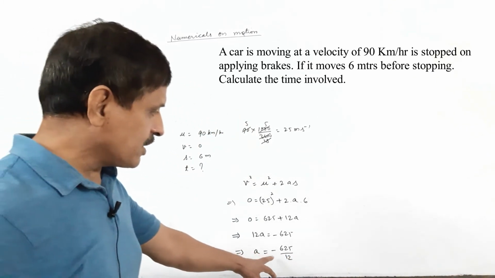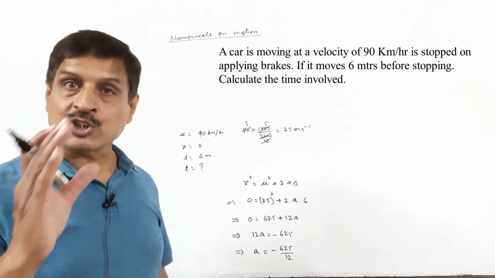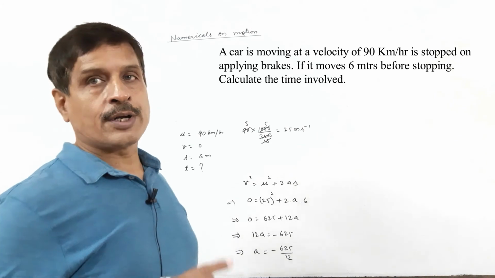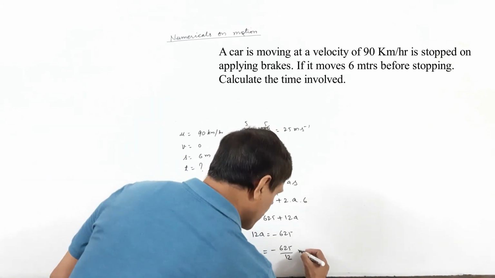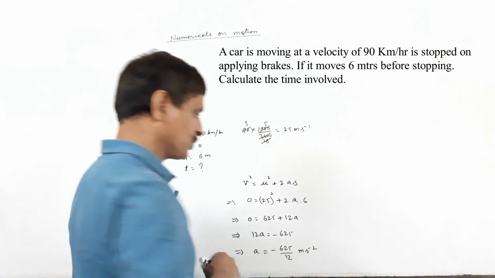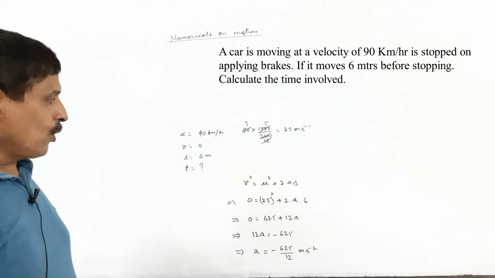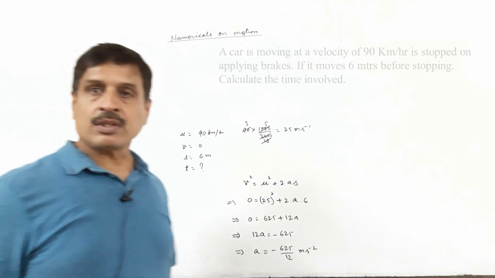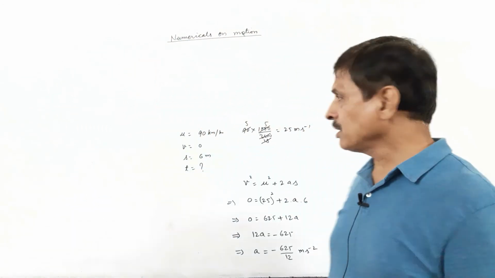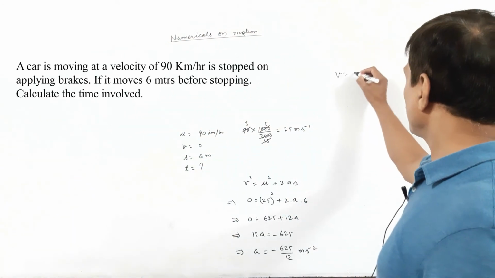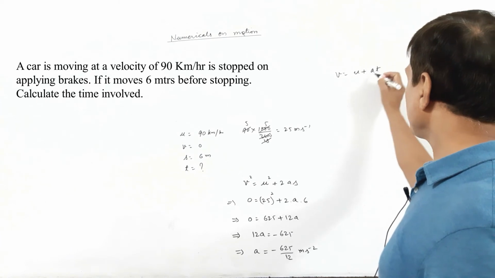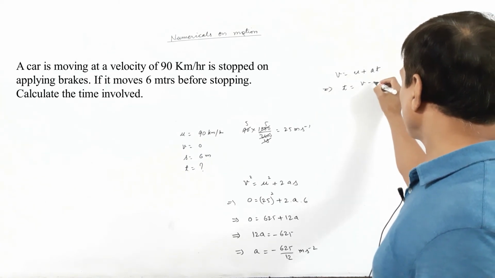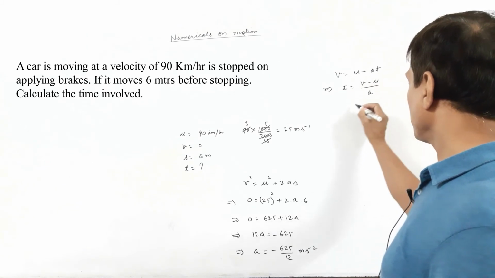Here negative acceleration shows that the body is slowing down before stopping, so it is negative acceleration or retardation. Unit is meter per second squared. Now in order to calculate time, we may use the first equation of motion, that is v = u + at, which implies t = (v - u)/a.